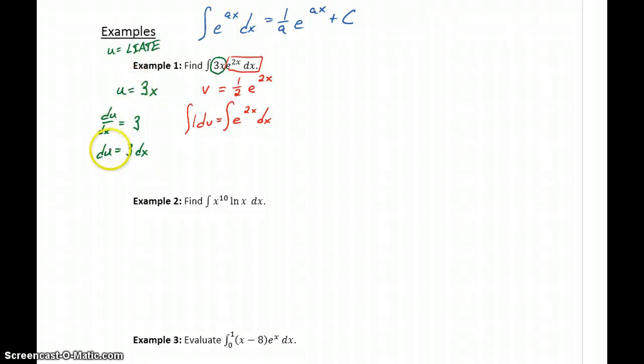So we have u, du, v, and dv. So now we want to construct something of the form u times v minus the integral of v du. So what we're going to do is take the different pieces that we've substituted or found. So u is 3x times our value for v, 1/2 e to the 2x.